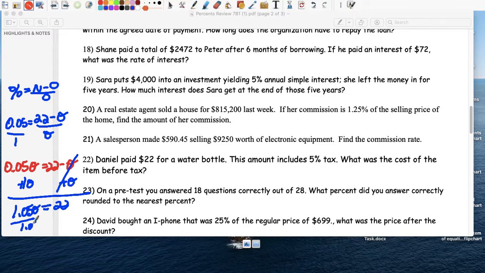Divide both sides by 1.05. And O, the original price, is 22 divided by 1.05, which gives us $20.95, which is the same number we got before. So we can do all that, or what I did initially. Your choice.